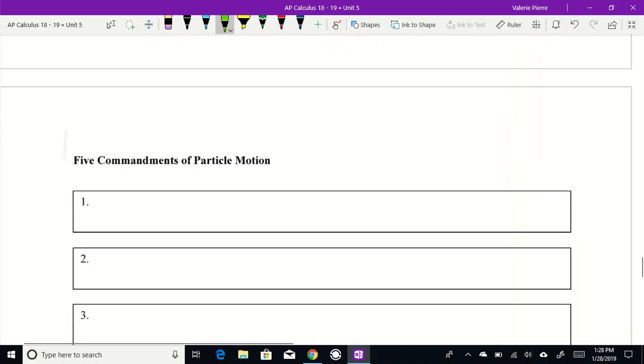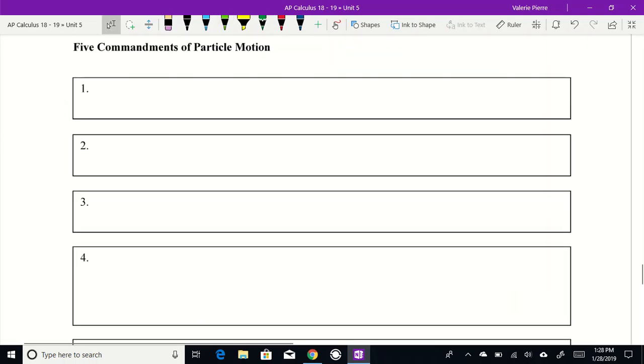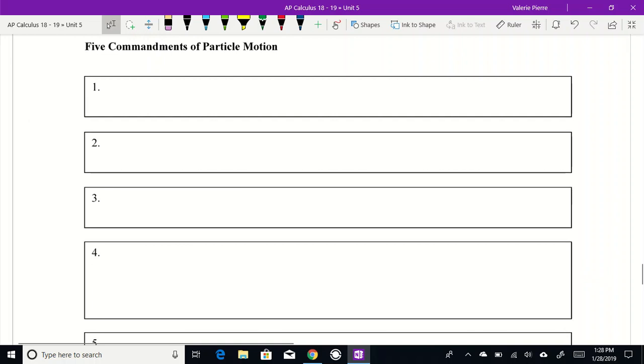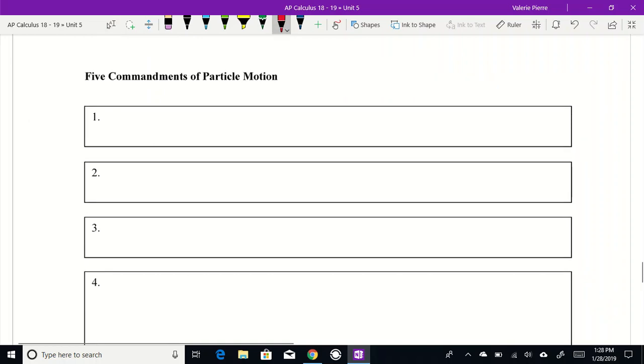Alrighty. So there are 5 rules or commandments of particle motion when we're talking about particles that move along. So this is specifically for particles moving along the x-axis.